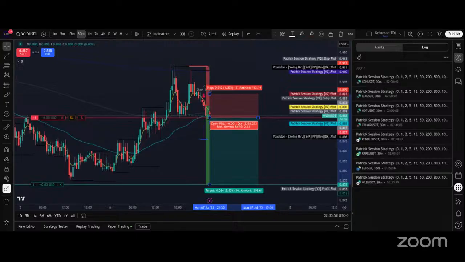And your next call of the night, WLD USDT. 30-minute confirmation. Market execution sell. Entry price is 0.892. Stop loss is 0.913 for 12 pips. Take profit is 0.853 for 34 pips with a risk to reward ratio of 2.83.